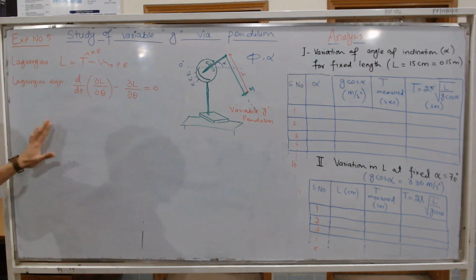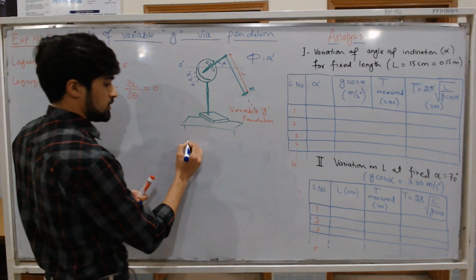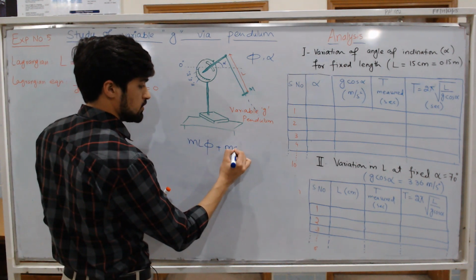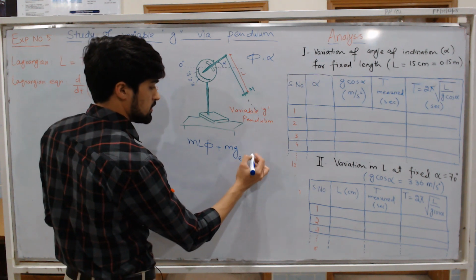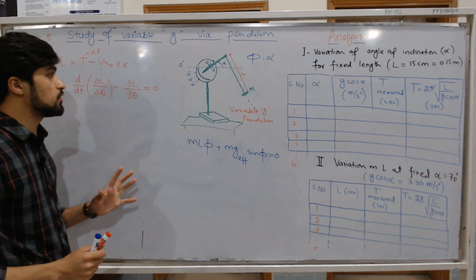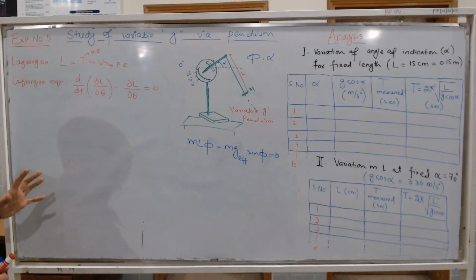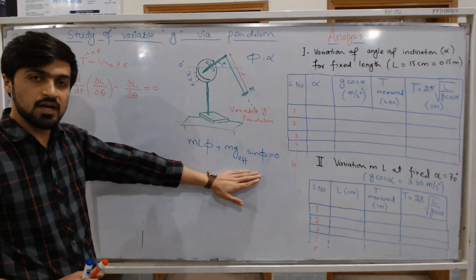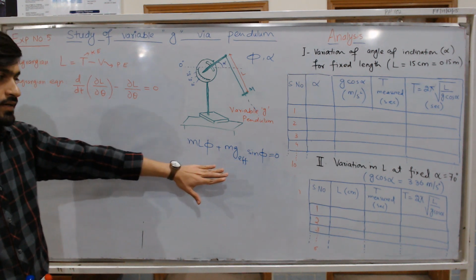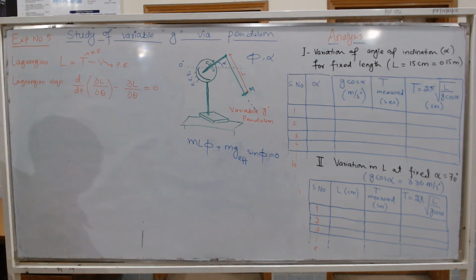To derive this relation, m l phi double dot plus mg effective sine phi is equal to 0, do not worry about this Lagrangian. There is no need to derive this equation, but for the sake of understanding and for the theory and calculations part, let's derive this very quickly.